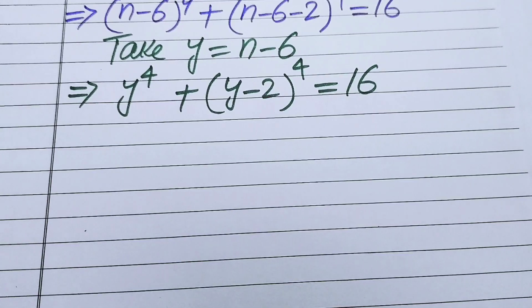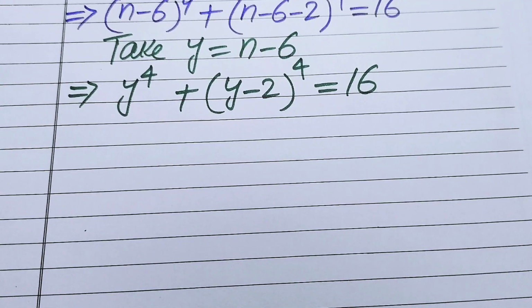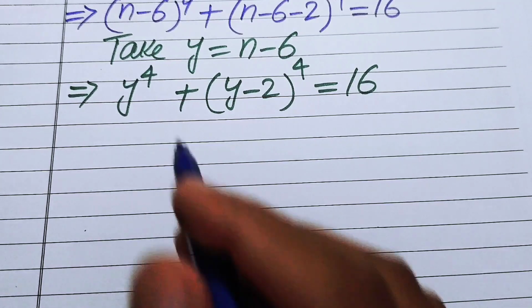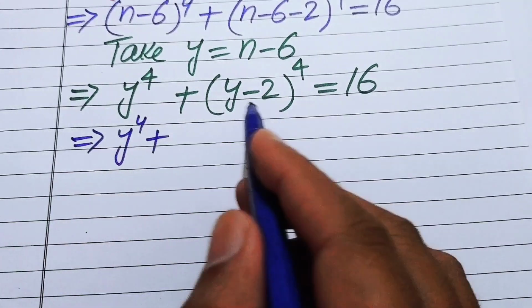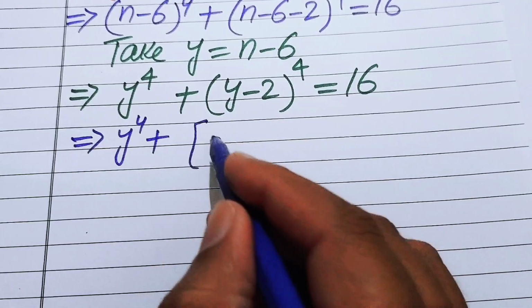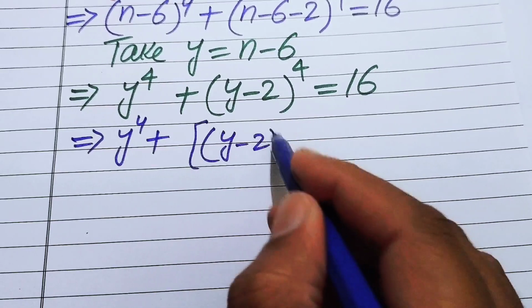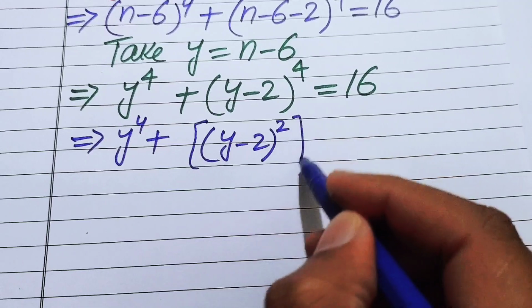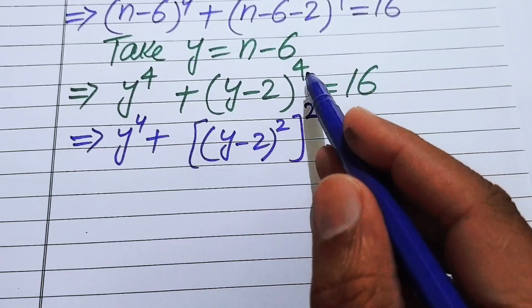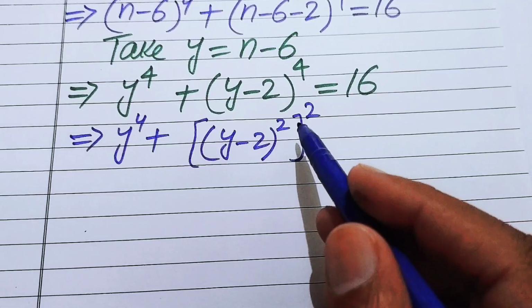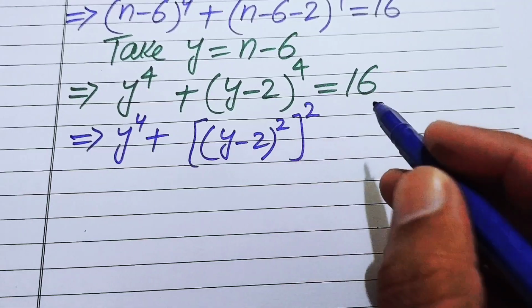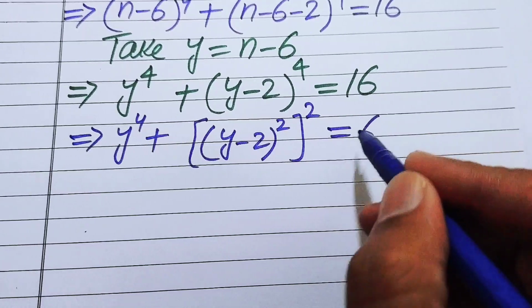So in the next step we will write this equation in the form of y^4 plus, we rewrite this term as ((y − 2)^2)^2. We write this power 4 as 2 times 2, because when these two powers are multiplied by each other we obtain power 4, and this whole equation equals 16.